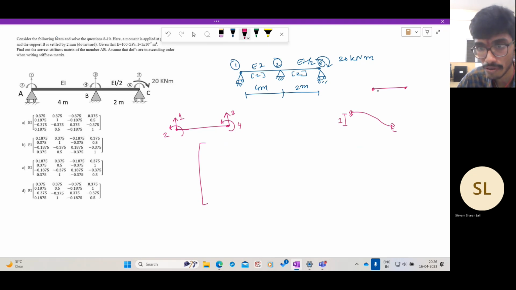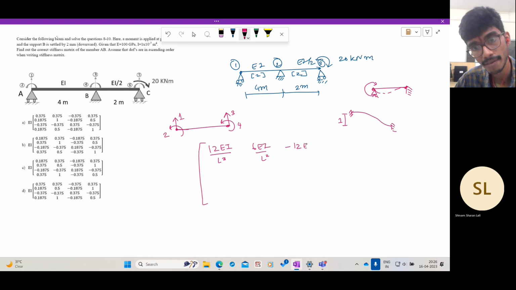To determine 2, you apply a moment, keep this fixed. You get something like this, and this will be 4 EI by L and so on. So you'll get 12 EI by L cube, 6 EI by L square, minus 12 EI by L cube, 6 EI by L square. This is for the shear force part. And what are the moments?